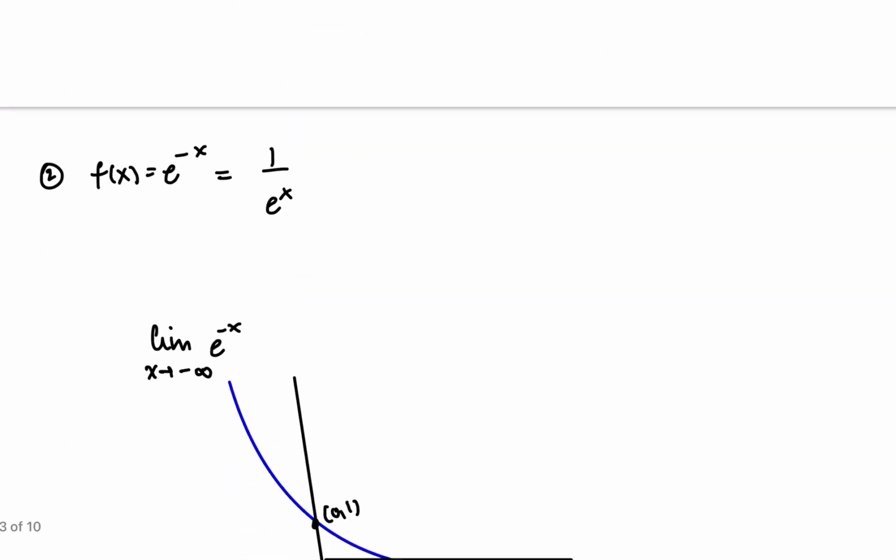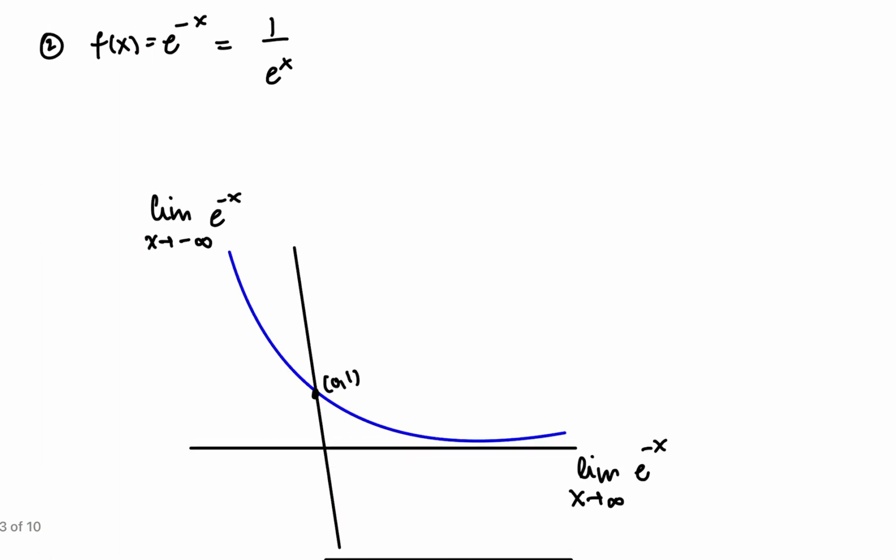Now, the graph of e to the negative x is the opposite. It starts from the second quadrant, decreasing all the way down. The limit as x goes to negative infinity is equal to infinity. You can think of e to the negative x as 1 over e to the x, right?